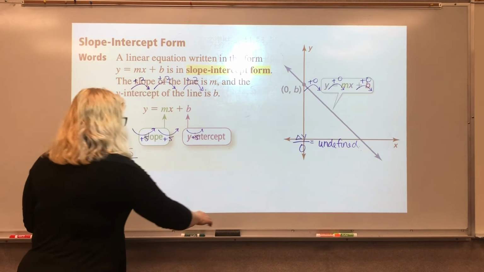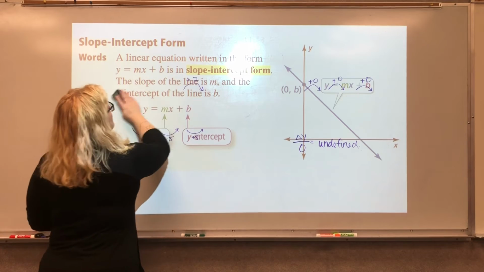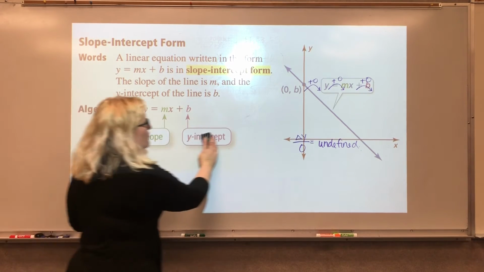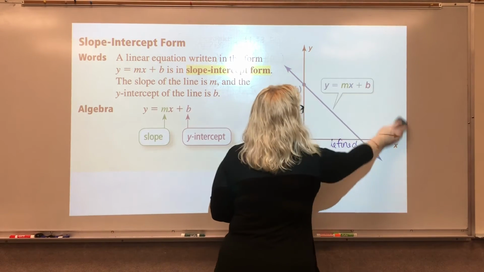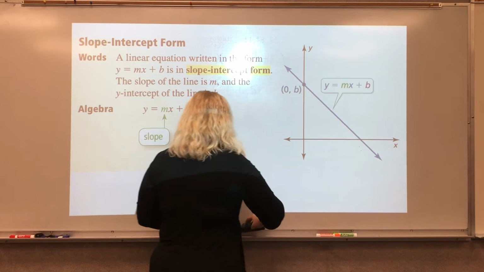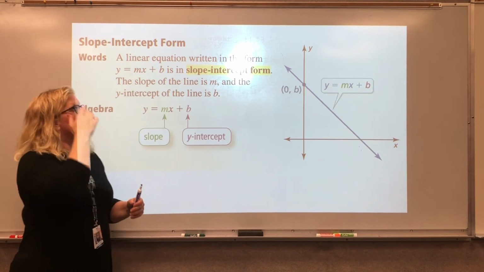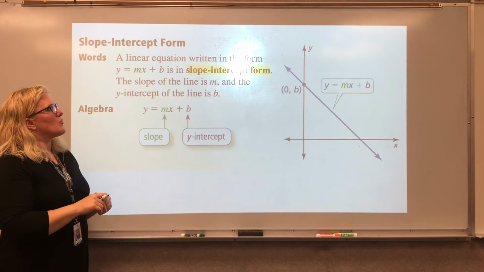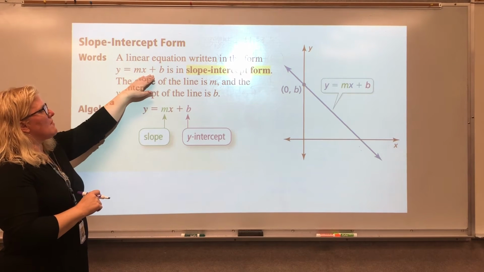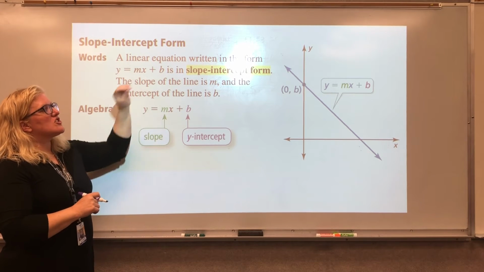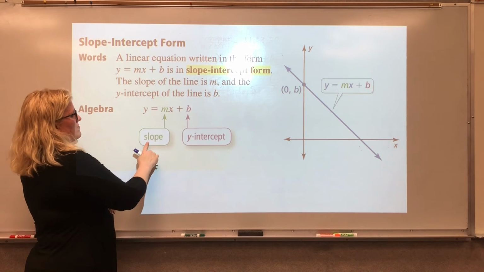Okay, slope-intercept form. You guys have seen this before. We've talked about it before. I've already asked you some questions about it. So this is basically a review. So a linear equation written in the form y equals mx plus b is in slope-intercept form.